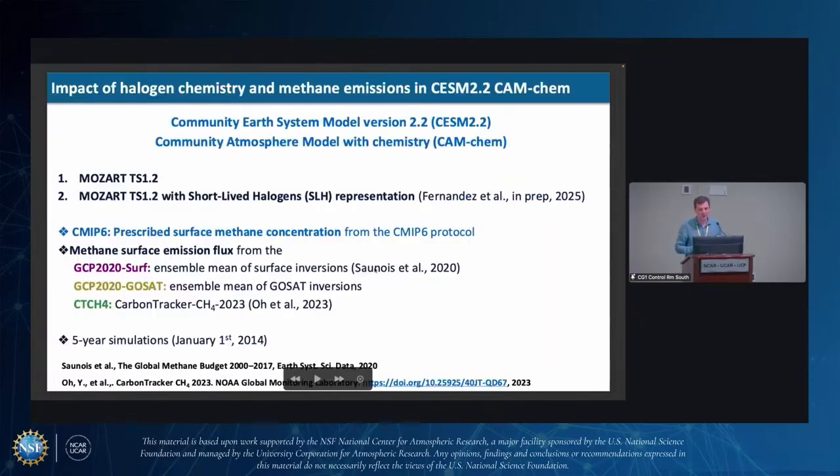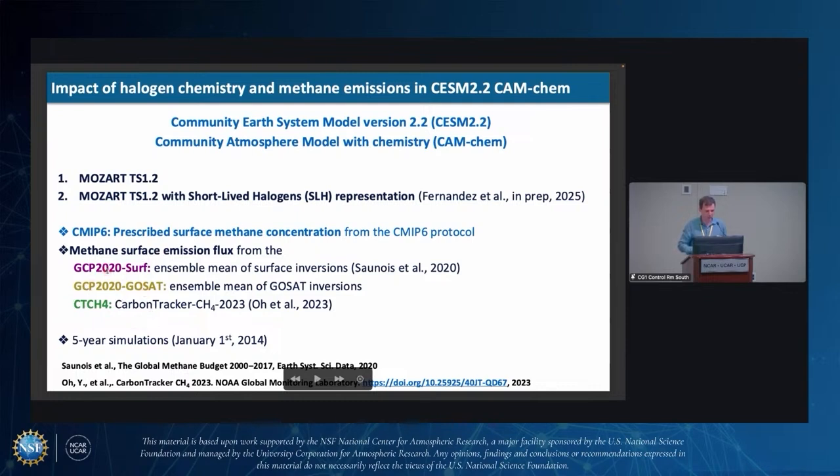Here I'm using the newly implemented CESM 2.2 short-lived halogen representation that Rafa Fernandez developed. The paper is in preparation. And we've been contrasting this with the MOZART TS1.2, the standard chemistry of CESM2. We contrasted simulations prescribed using the CMIP6 methane concentration fields and 3 other simulations using 3 different emission inventories.